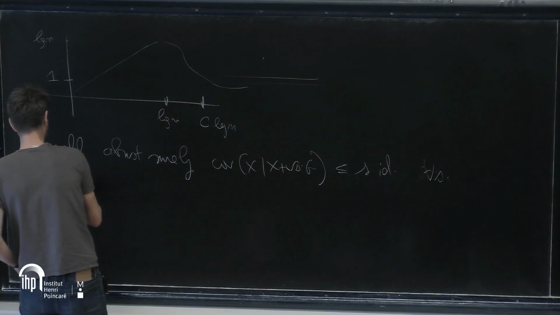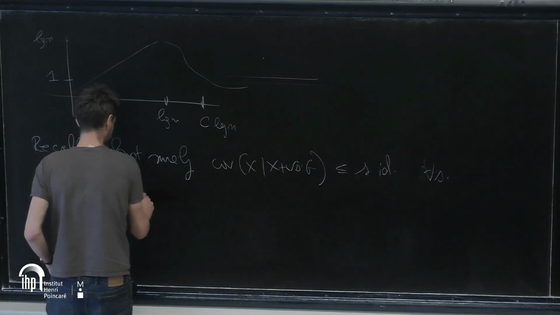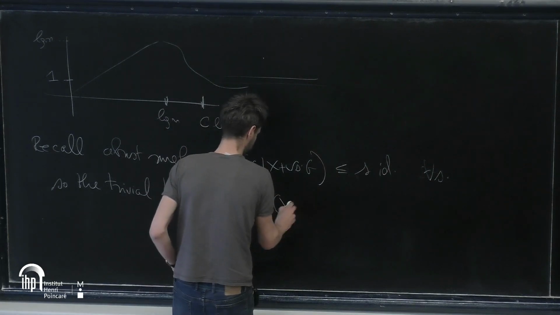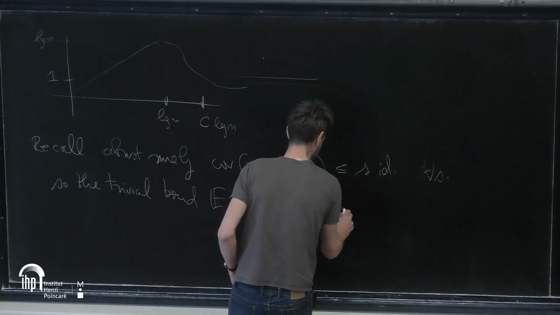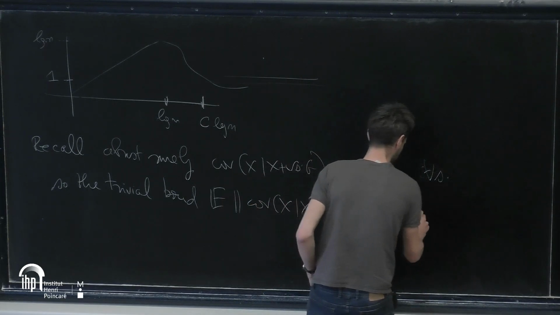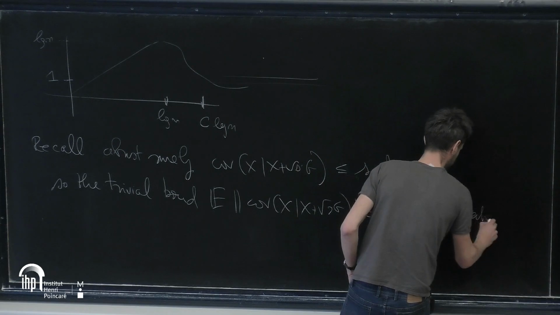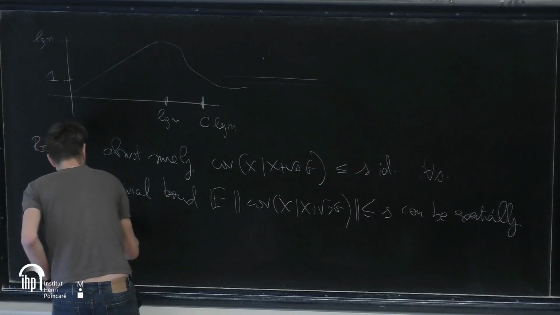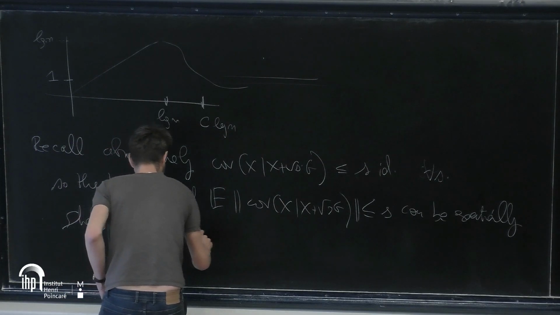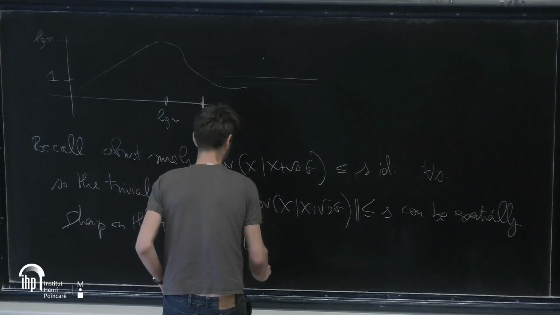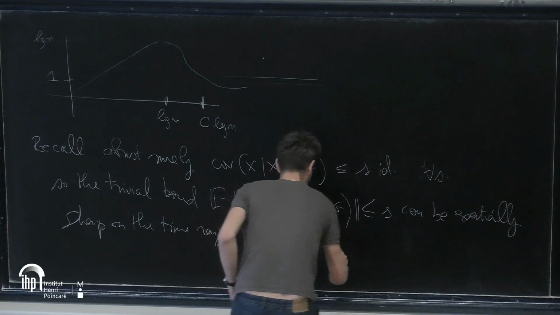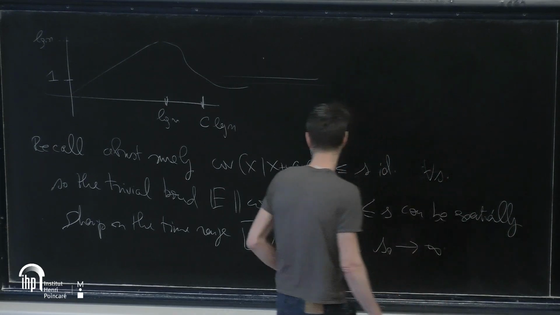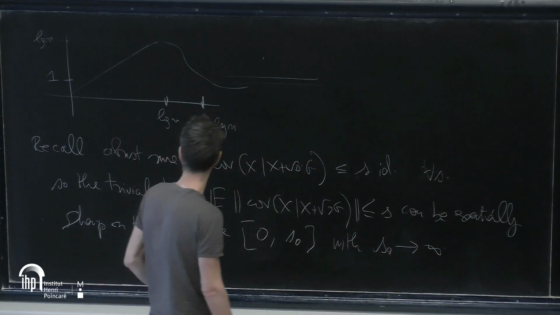So the trivial bound, expectation of covariance of x given x plus square root s g less than s, can be essentially sharp on the time range zero to s naught with s naught going to infinity. Okay, that's one point.